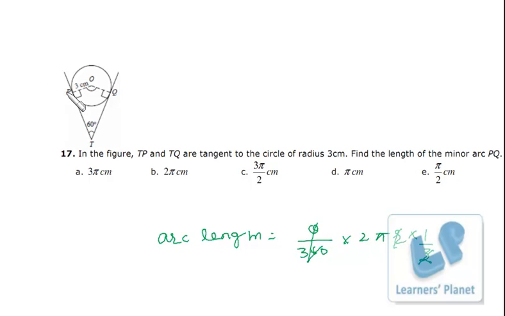So the length of the minor arc PQ is 2 pi, and if the major arc is asked, then the total length is 2 pi into 3, that is 6 pi, minus 2 pi, 4 pi. So the major arc length is 4 pi and the minor arc length is 2 pi. Okay.